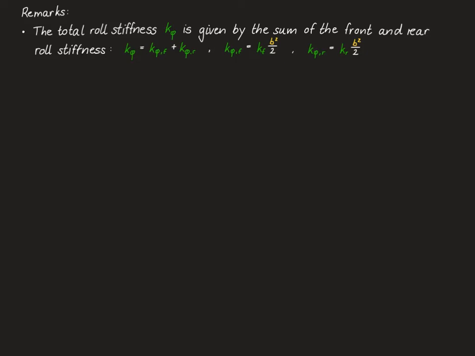First, the total roll stiffness k phi is given by the sum of the front and the rear roll stiffness, k phi f and k phi r, which in turn are given by an expression involving the front suspension stiffness kf and the rear suspension stiffness kr, respectively.